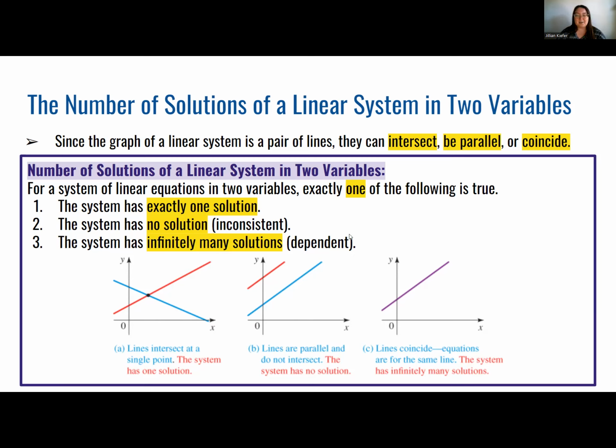All right, so that is the rundown of the types of solutions in a linear system that you can see. Most often you'll just see that it has one solution, but every once in a while you'll see that they have no solution or that it has infinitely many solutions as well. So we're going to do an example and show how this happens.